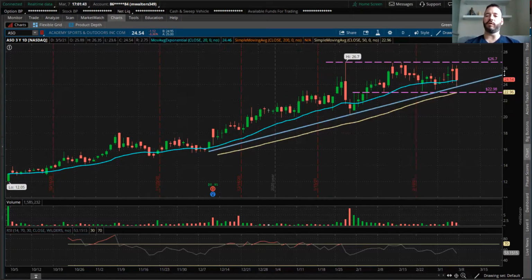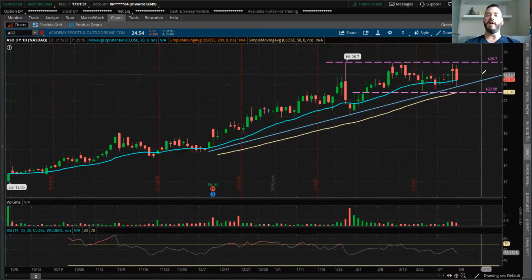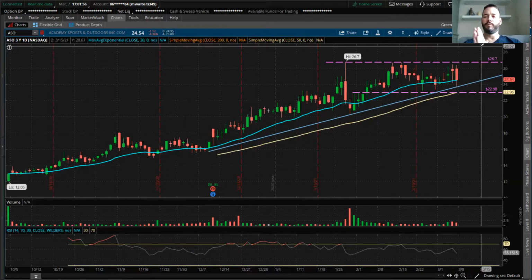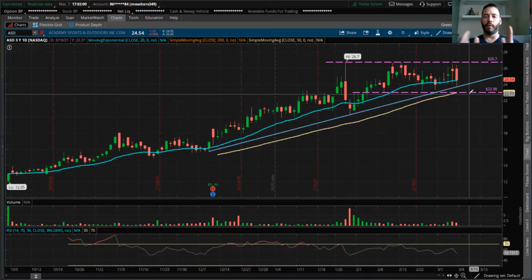Because what you have here is the trend line in here, and you have the flat top here. So you might see some consolidation here, and then a lot of volume come in and a burst right through that ceiling for the breakout. Hence the term flat top breakout. It really is as simple as that.